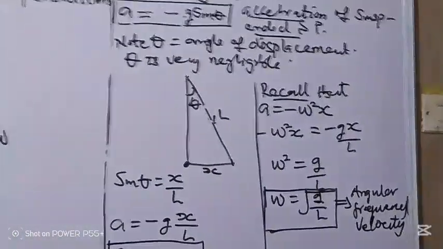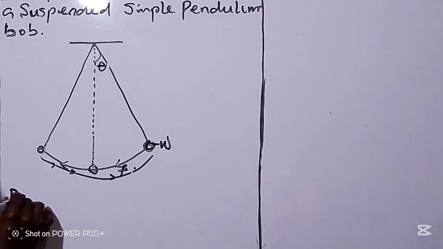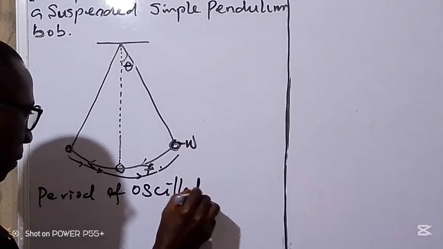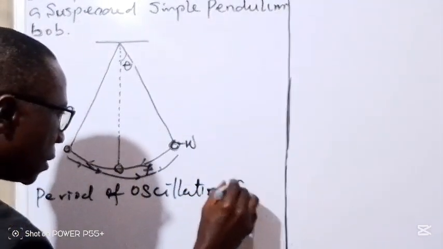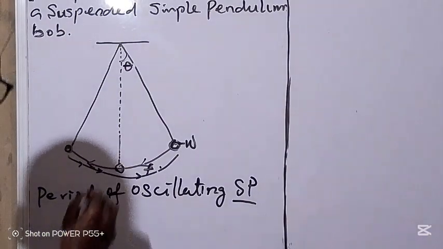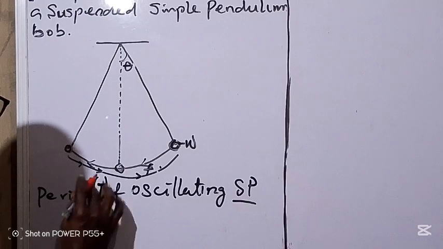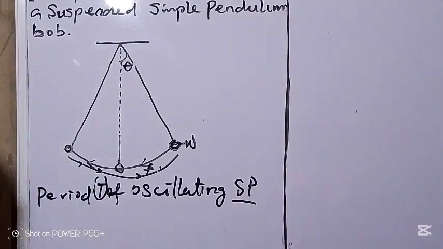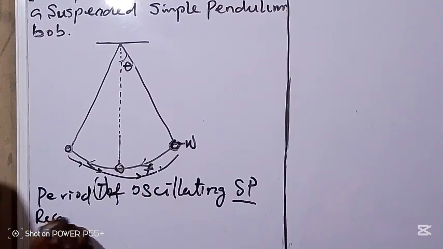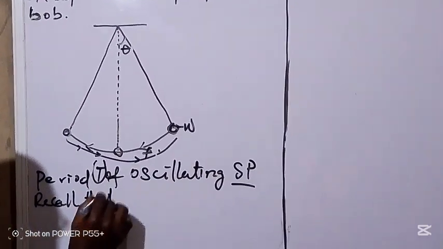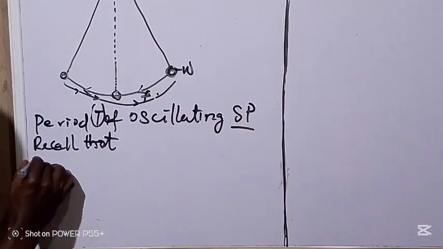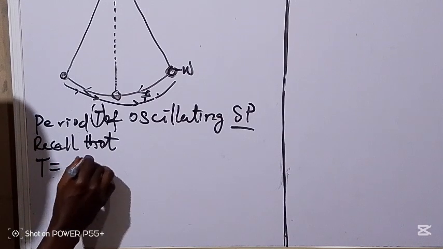The next one is the period of an oscillating simple pendulum. That is, the period is denoted by capital T. Now, recall that from the general equation of simple harmonic motion, capital T is equal to 2 pi over omega.